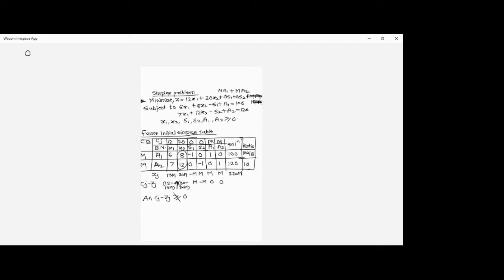Amongst these, the leaving variable is to be found with the least positive value, right? So 10 is the least positive value because 100 by 8 is equal to 12.5. So this is your leaving variable, and this can be marked as your key row, right?